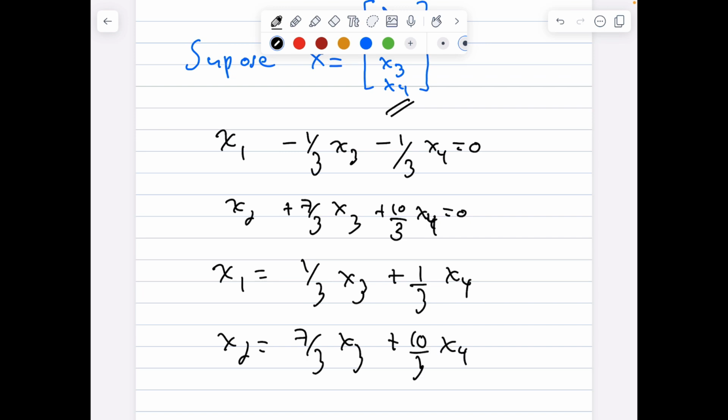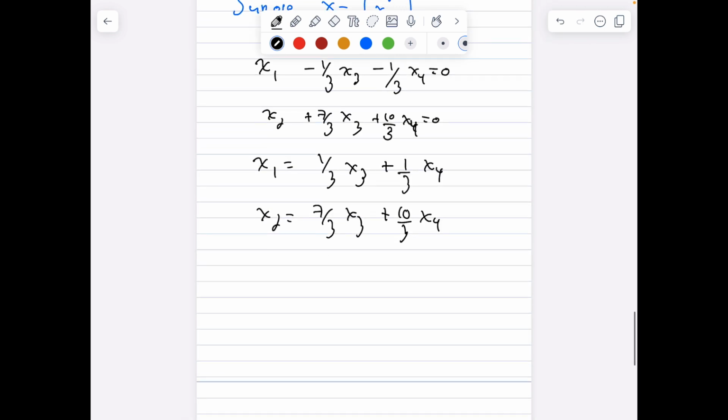And x3 and x4 here are free variables. Typically what we do is we call x3 s, and then x4 is, I don't know, r. We do that a lot of the time, maybe your teachers don't, but x3 and x4 are allowed to be any real number, s and r.